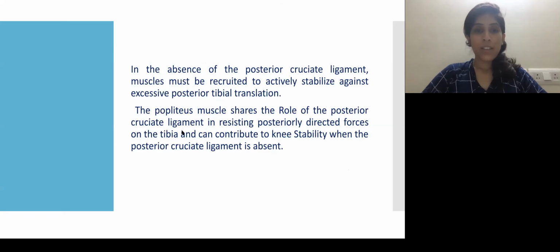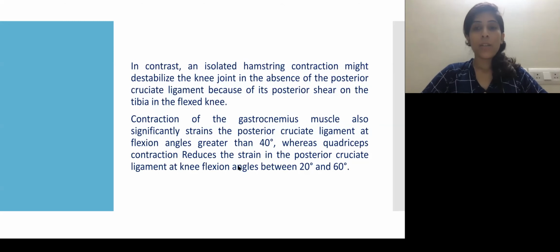In contrast to the popliteus muscle, hamstring muscle contraction will cause posterior translation, and it increases the strain on the PCL. The same way, the gastrocnemius muscle also causes posterior strain, or excessive posterior tibial translation, after 40 degrees of knee flexion.